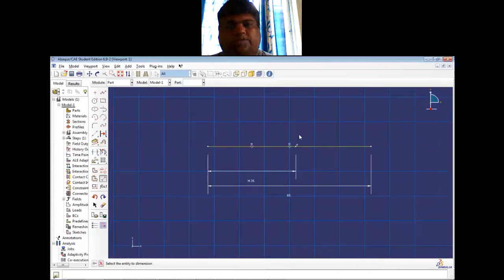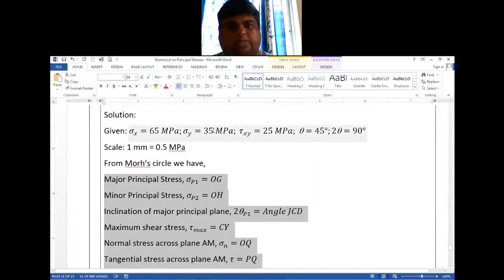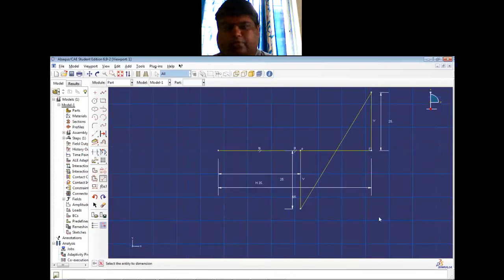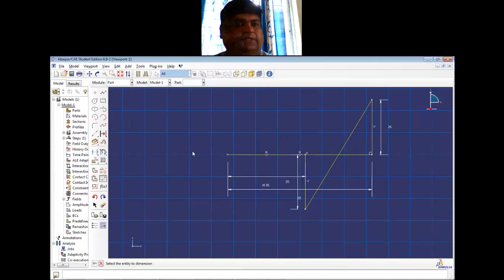Now the shear stress is 25 megapascal. So I'll just draw another line like this. Okay, so I'm just dimensioning that. This is 25. This is also 25. Right? So they are intersecting at this point.